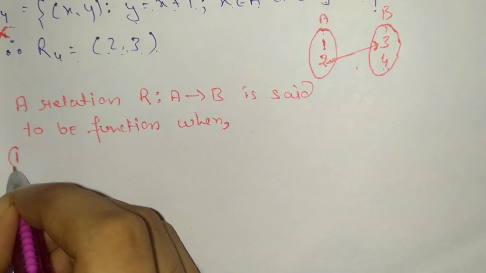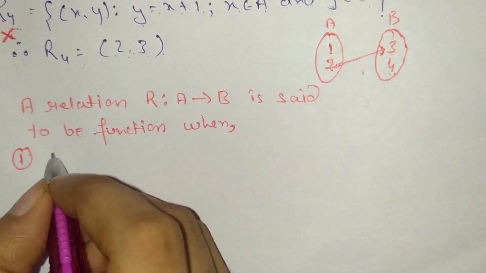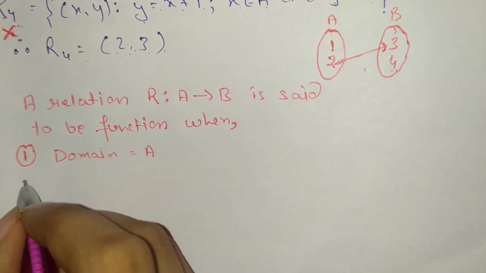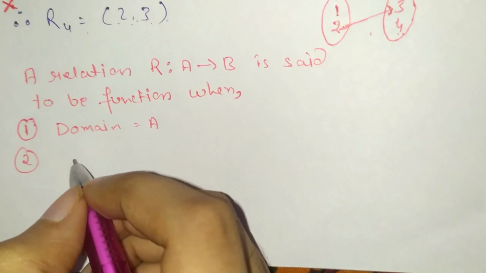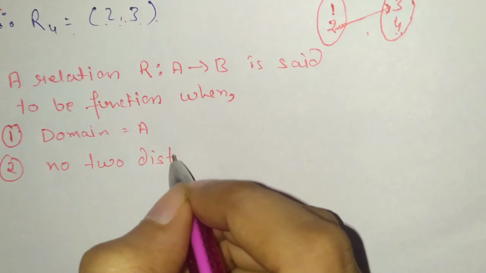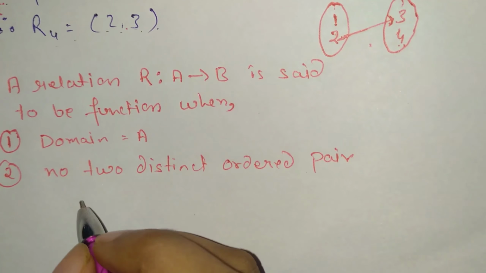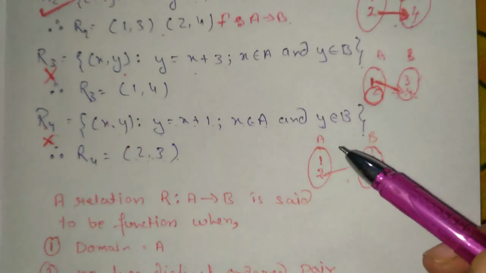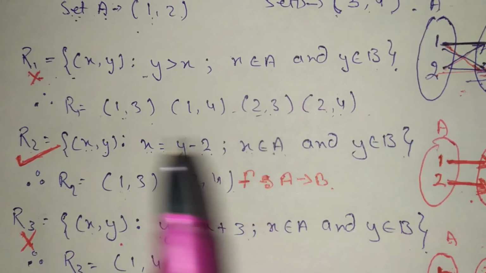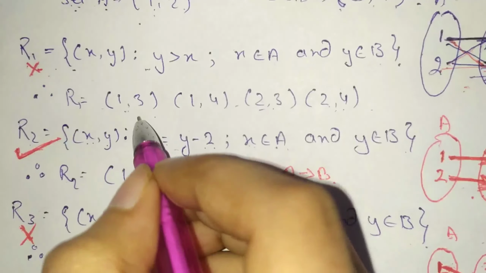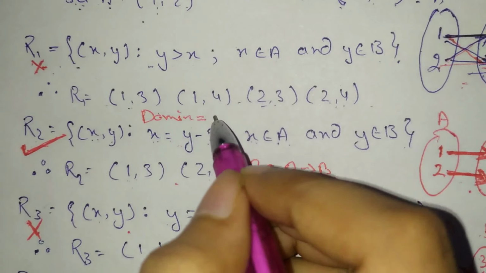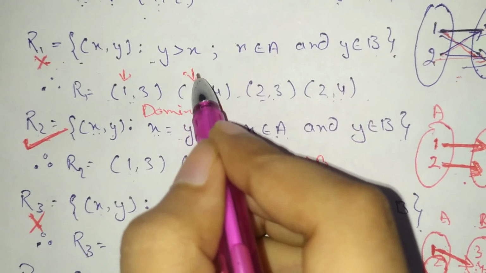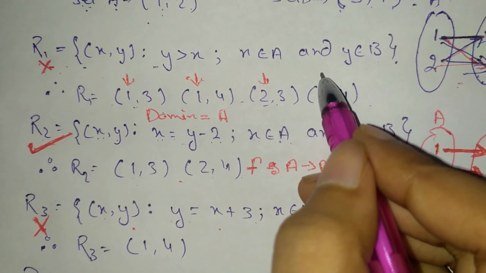Our first condition is domain is equal to set A, and the second condition is no two distinct ordered pairs have the same first element. That is, according to our relations, we can see that in R1 domain is equal to set A, that is all the elements in domain are from set A.